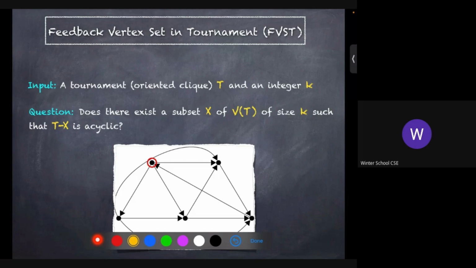So I have a tournament T and an integer k, and the question is whether I can find a subset of vertices X in this tournament of size at most k, such that if I remove this set, the remaining graph, which will of course also be a tournament, becomes acyclic. Acyclic means that it doesn't have a directed cycle at all.